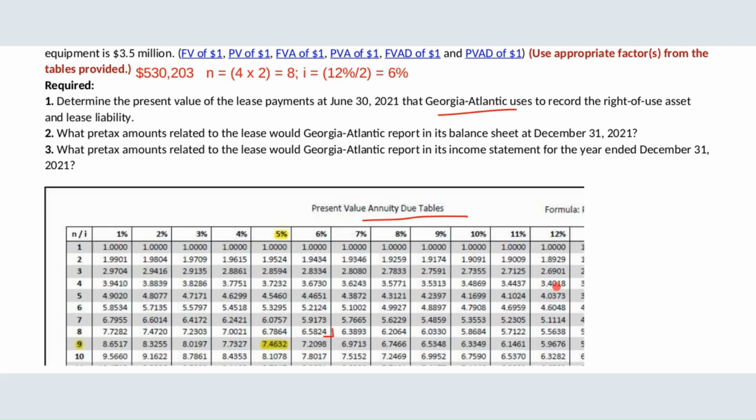On the 6.5824. So I'm gonna take the 530,203, multiply, this time we're multiplying because we're using the payments. In the previous one, we divided because we were trying to figure out what the payments were, okay? Multiply by 6.5824.